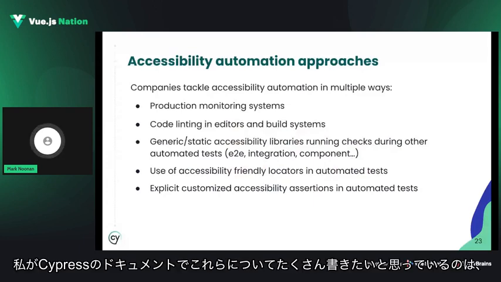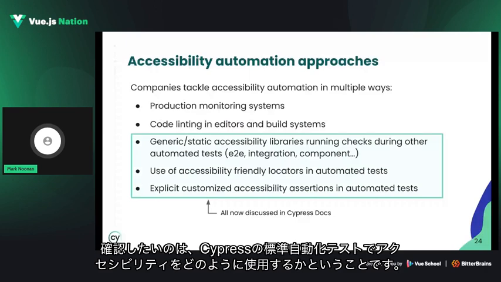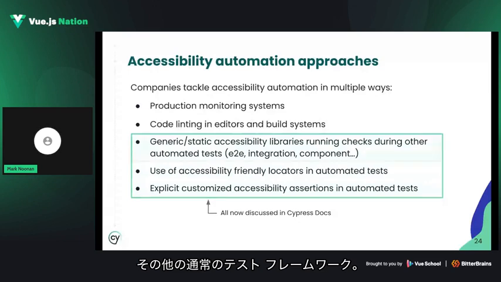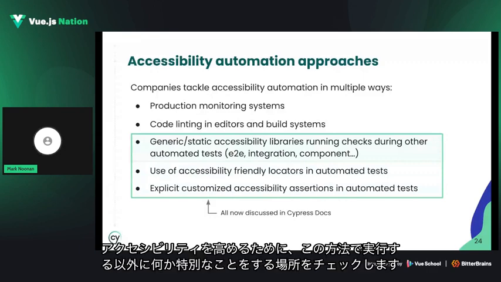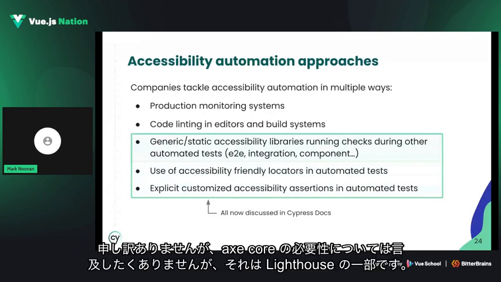The thing I'm kind of interested in, from writing a lot about these in the Cypress docs, if you want to check those out, is how we use accessibility in standard automation tests in Cypress or any other testing framework. The library that I'm going to talk about is Axe Core, and this gives you accessibility checks where you don't do anything special except run this library to get a lot of accessibility feedback.